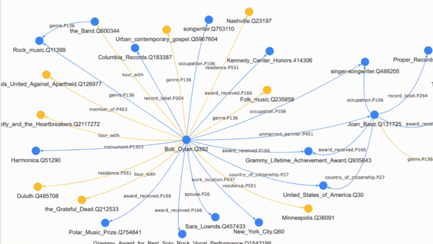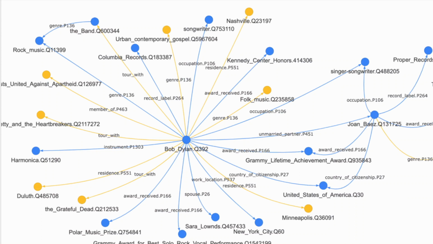So here you can see the graph for Bob Dylan constructed from the Wikipedia pages that are, they say, around the page of Bob Dylan. So I'd guess 1 or 2 or 3 hops away, something like this. And you can see the blue stuff is stuff that we already knew, so that the humans also found when looking at this.